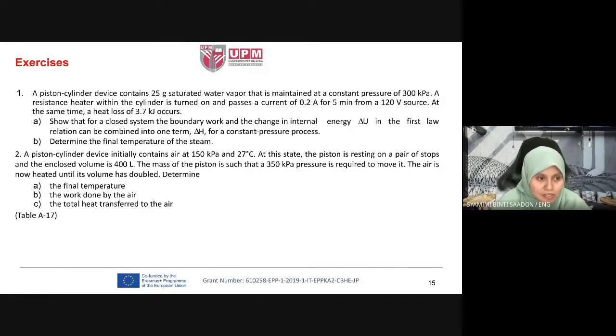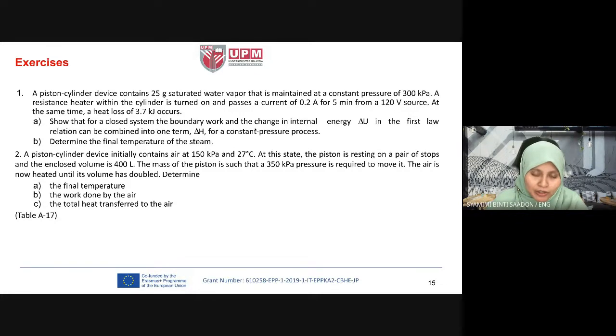Okay, actually the first part you have to show that the change in internal energy... show that for a closed system, the boundary work and the change in internal energy in the first law relation can be combined into one term, which is equal to delta H, the change in enthalpy, for a constant pressure process.